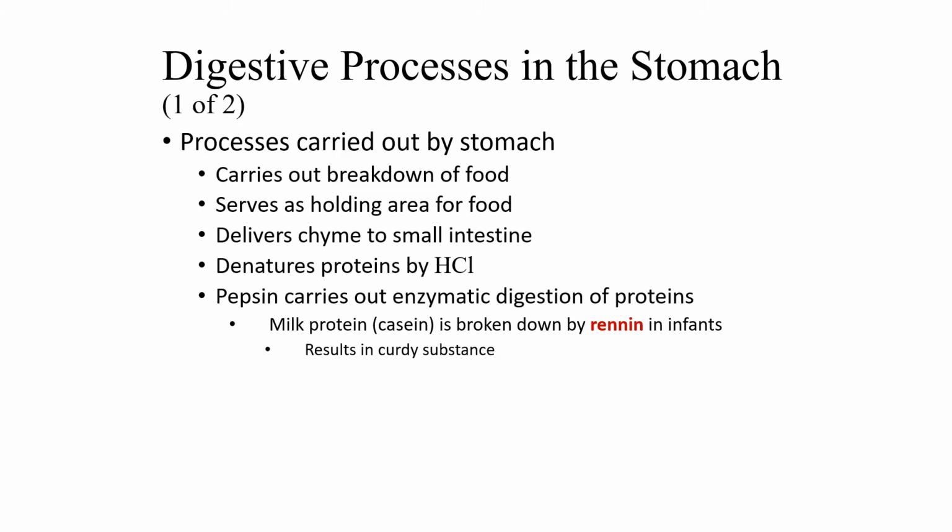How does digestion occur in the stomach? Well, we have to remember that we have mechanical digestion, we have chemical digestion, and then also it stores our food. So, not everything that we eat goes directly into the duodenum.